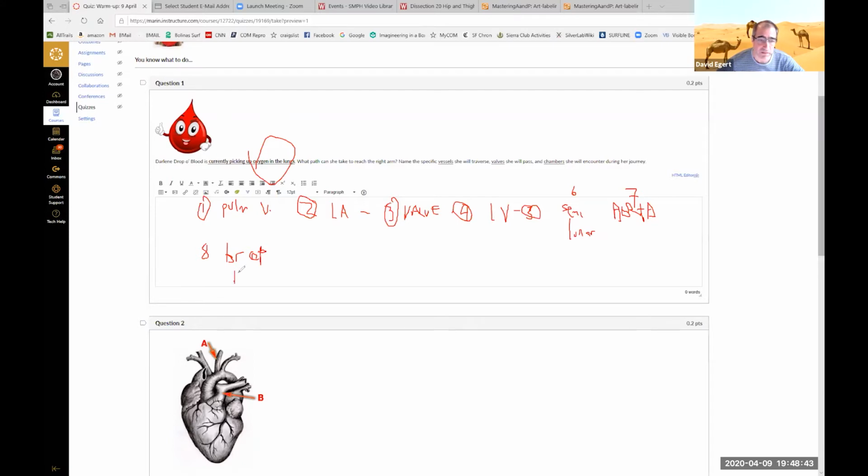I'm trying to minimize. And oh my God, I can actually do this with typing. Duh. Okay, so brachiocephalic trunk.